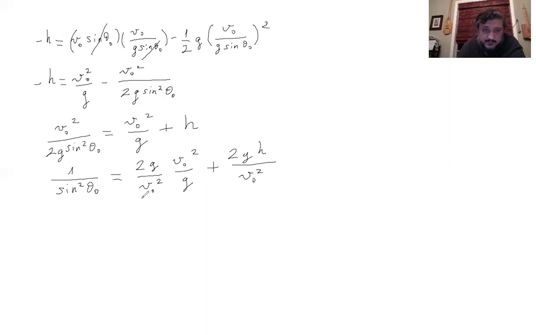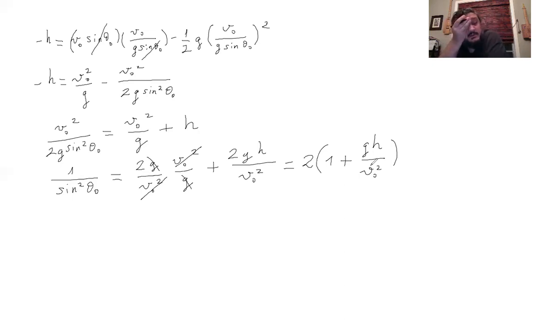All right, get rid of these, get rid of g, and you have here 2 times 1 plus gh divided by v naught squared. All right, that's it.